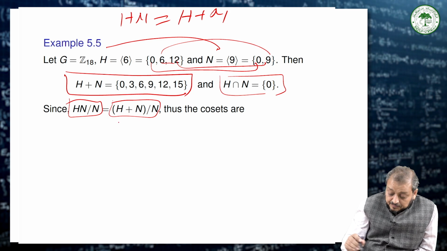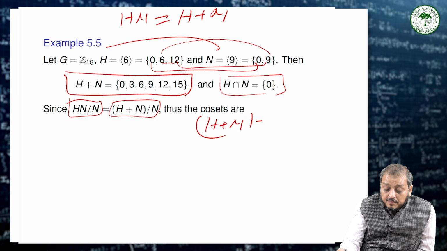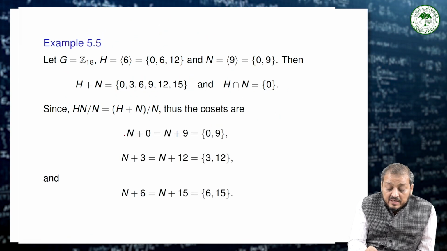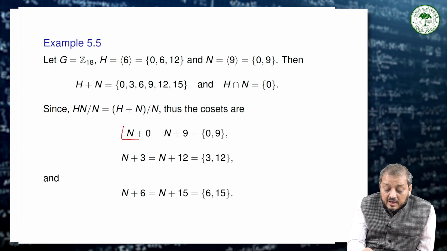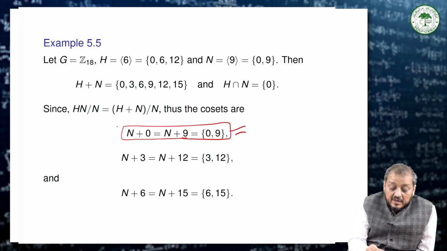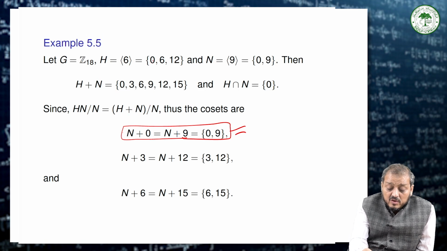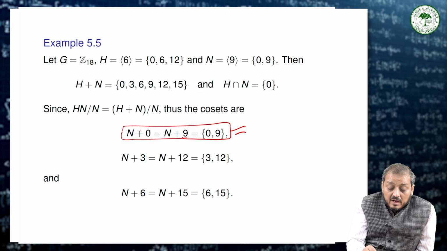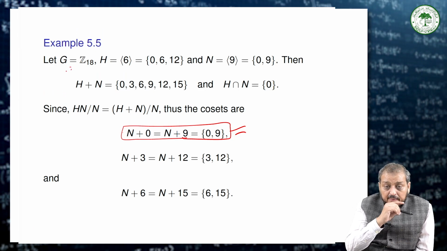So we have a coset of the form H plus N, plus N, like this type. I take N plus 0 and N plus 9, and I get the same thing. Then N plus H or H plus N is not a difficulty, because G is an abelian group.